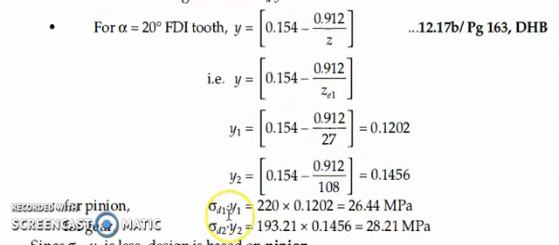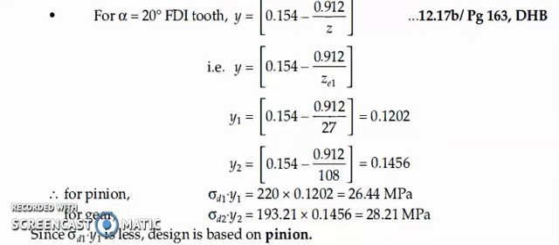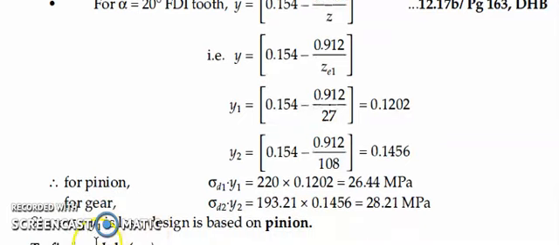Using sigma d, the strength factor equation, we can find the strength factor. For the pinion the value is 26.44 and for the gear the value is 28.21. So we can conclude this step: sigma d1 into y1, that is for the pinion, the value is less, so design is based only on the pinion.